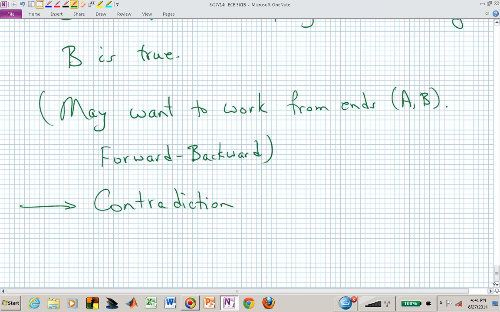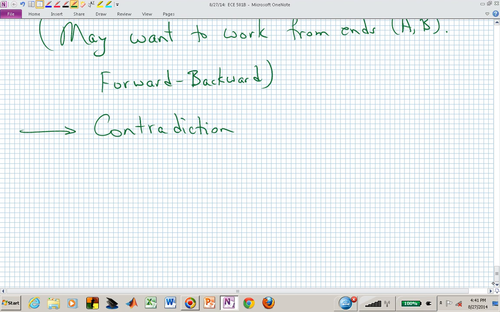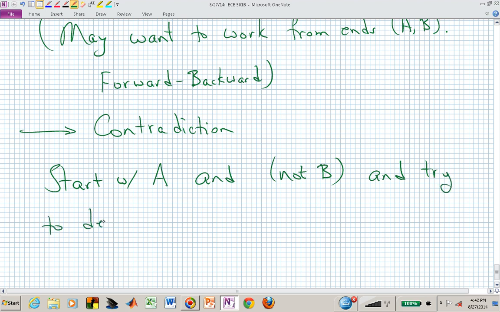Proof by contradiction. In this case, you start with A and the negative of the conclusion. You start with A and not B. And with those two, you try to derive a contradiction or a false statement.